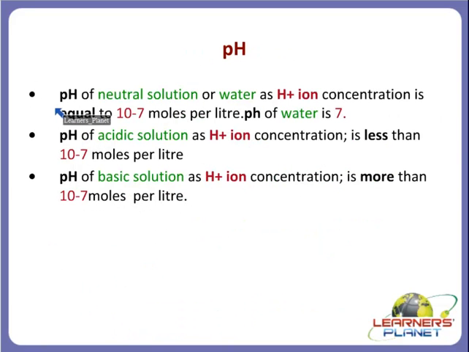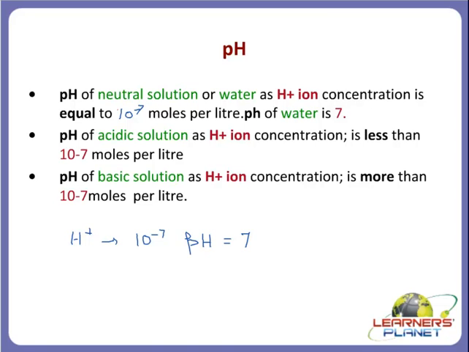Now, for a neutral solution or water, the hydrogen ion concentration is 10 to the power minus 7 moles per liter. Then what will be the pH equal to? 7.